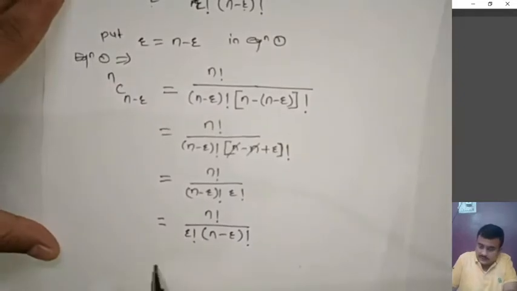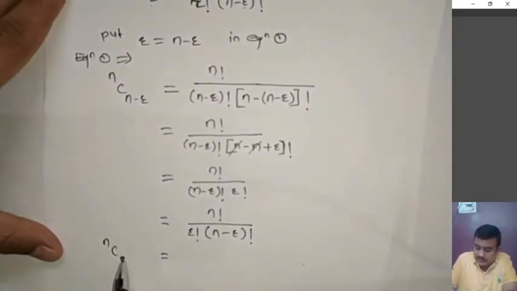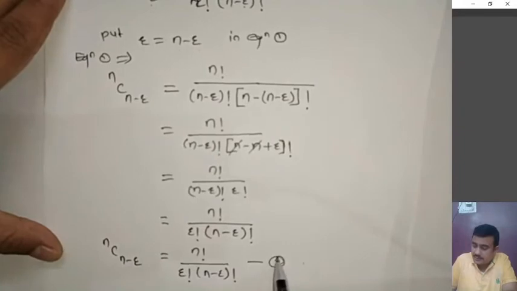So the final value is nC(n minus r) equals n factorial divided by r factorial times (n minus r) factorial. Represent it as equation number 2.